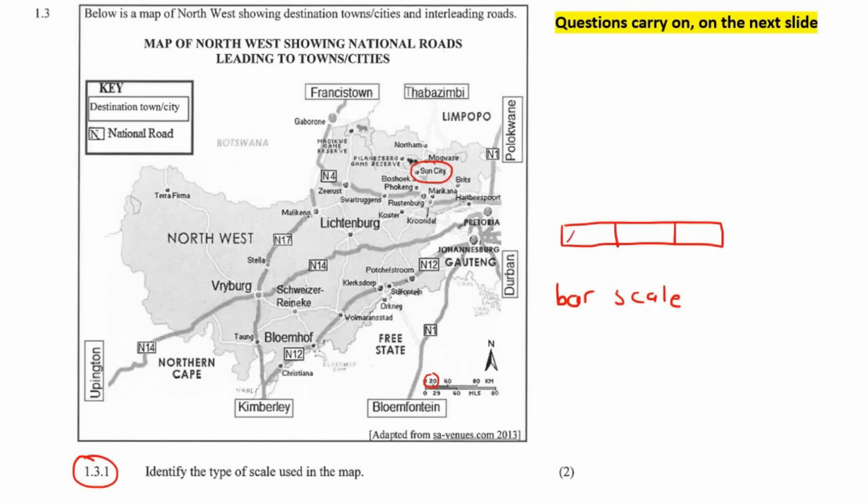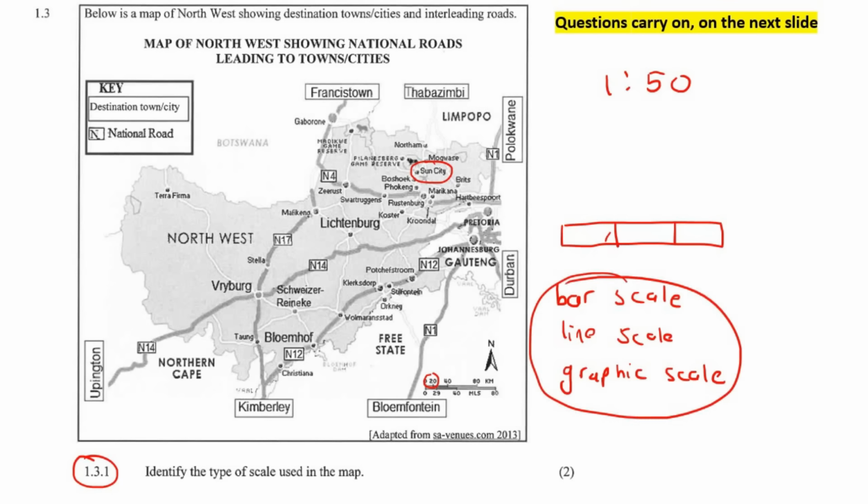Okay, because you can think of these as like little bars, but they also call it a line scale, or you could even call it a graphic scale. We get other types of scales. For example, if we use something like 1:50, that's usually called a number scale. But for this question, you could choose any one of those. Okay, it's not a number scale, but you can choose any one of the others.